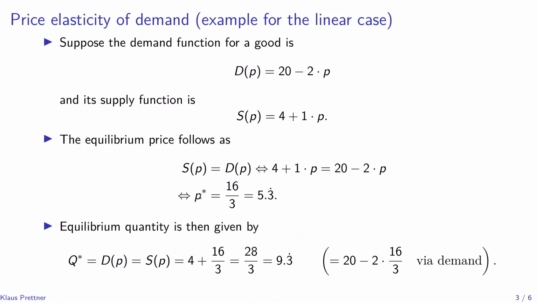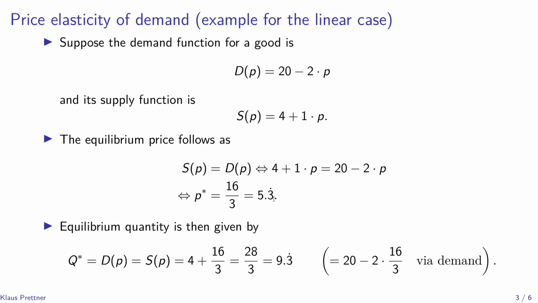Then we can calculate the equilibrium price level by setting demand equal to supply, so these two functions equal to each other, which would then be supply here on the left-hand side and demand here on the right-hand side. This is a function in one variable, p, and we can solve it so that p star, the equilibrium price level at which demand equals supply, would be 16/3, or 5.3 periodically.